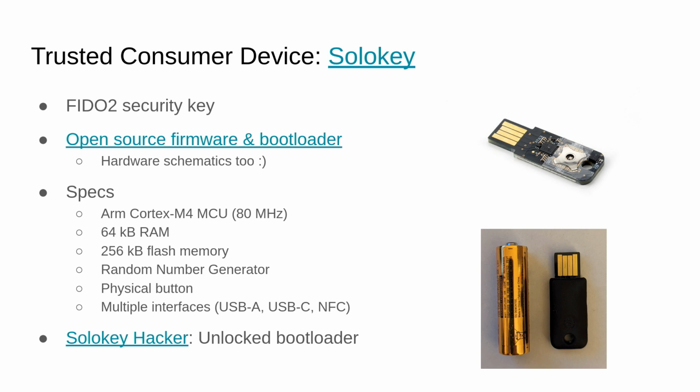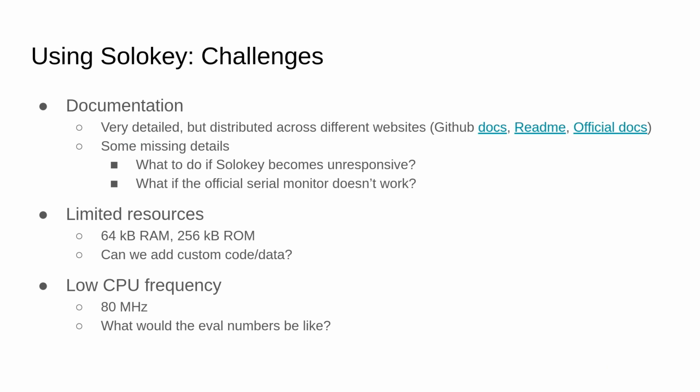It has an ARM CPU that runs at 80 megahertz, and the RAM is, I think, 64 kilobytes. Yeah, 64 kilobytes of RAM and 256 kilobytes of ROM. So it's very, very limited. This actually raises a lot of interesting questions, which I'll probably talk about in the next slide.